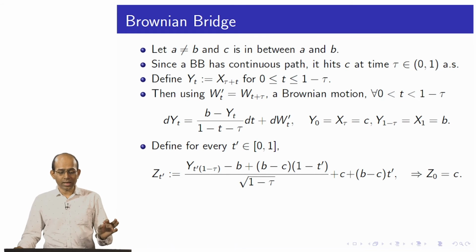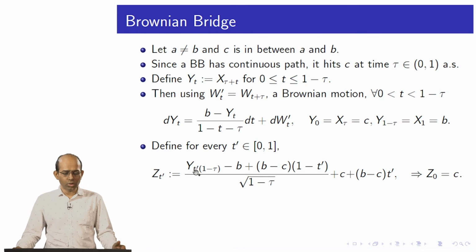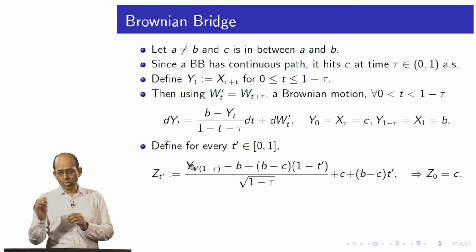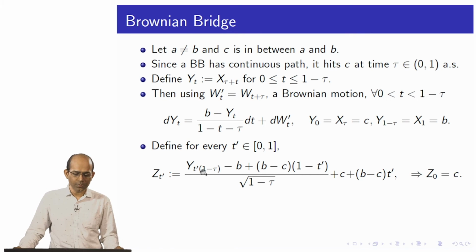See here that earlier the time interval on which y is defined has the length 1 minus tau, that is possibly less than 1. Okay. But t prime is between 0 to 1. So, what we are doing is the t prime into 1 minus tau we are taking. So, when t prime is 0, this is y 0. When t prime is 1, this time would be 1 minus tau. So, the whole process y is scaled into this.